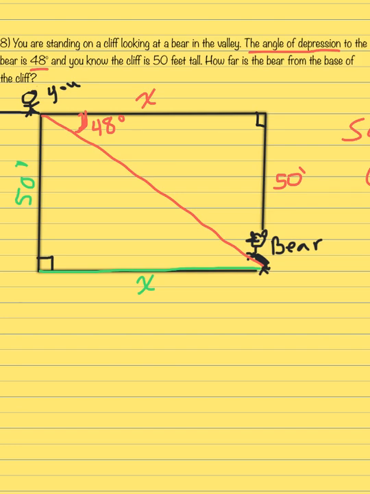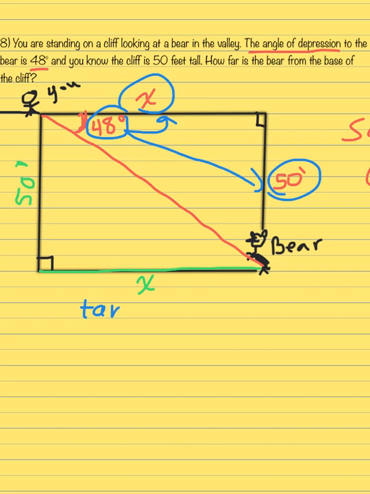So it looks like we have the angle of 48, the opposite side of 50, and the adjacent side of x. So opposite and adjacent would use the TOA. So that means tangent of 48 degrees equals opposite 50 over adjacent x, and we are solving for x.